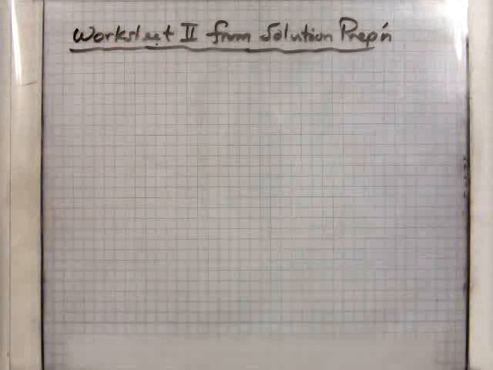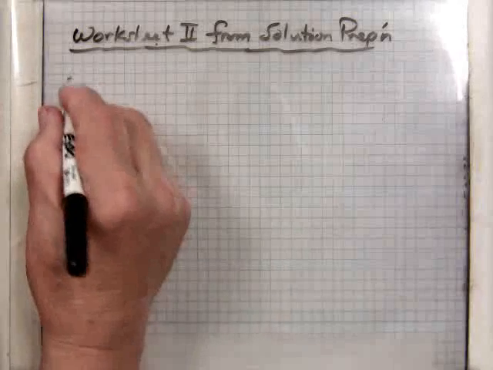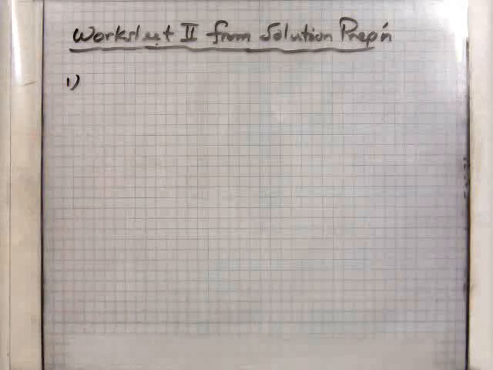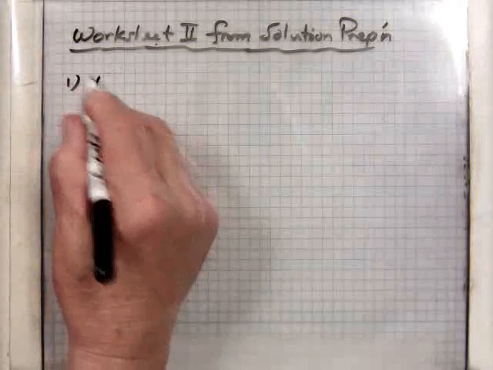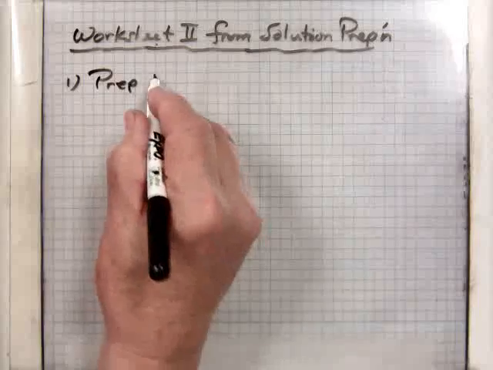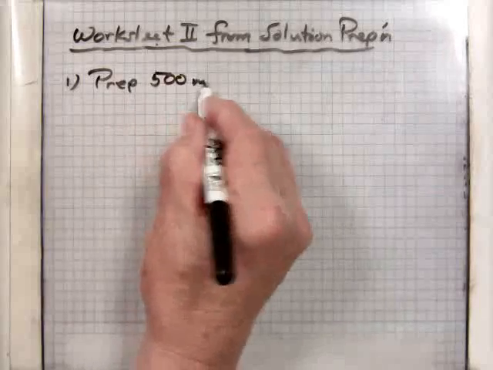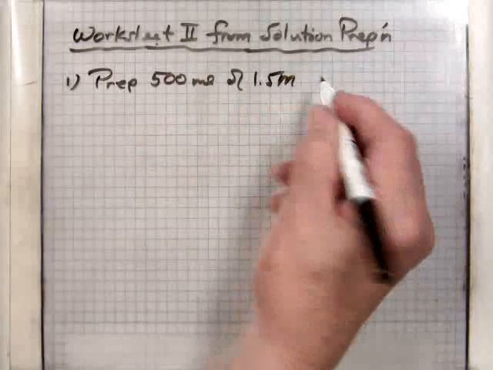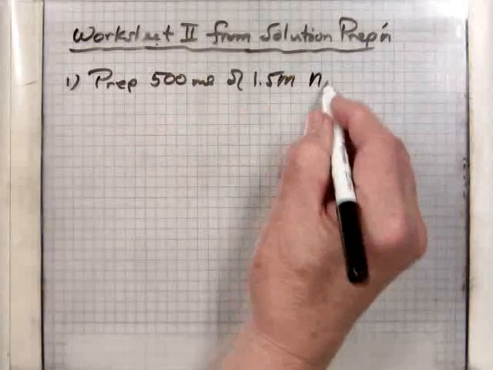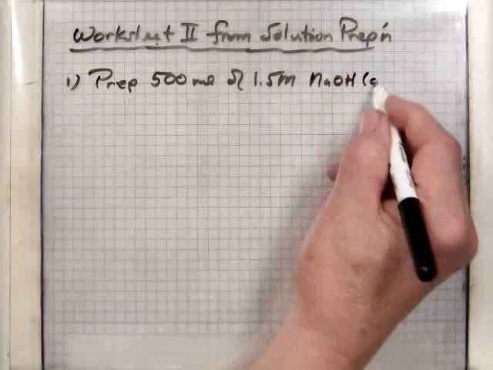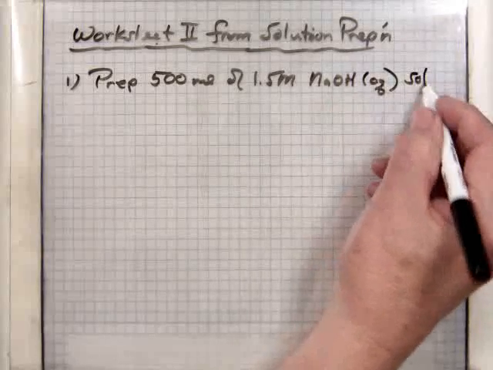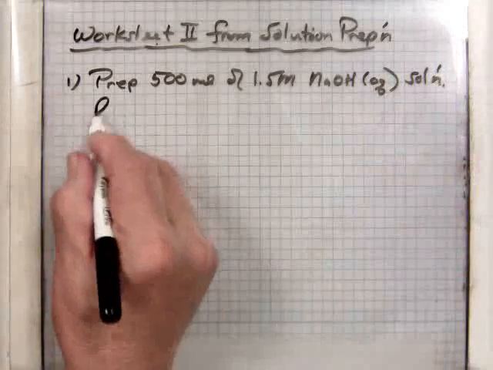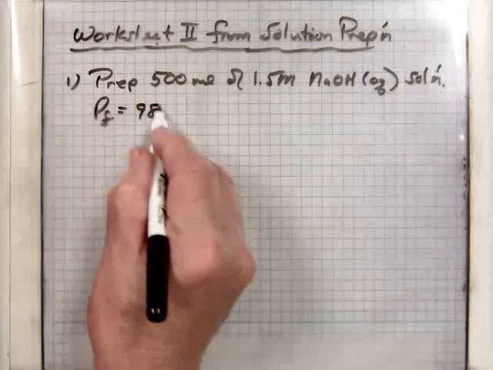Okay, so from this set, number 1: prepare 500 milliliters of 1.5 molar sodium hydroxide solution from manufactured stock, purity factor is 98%.